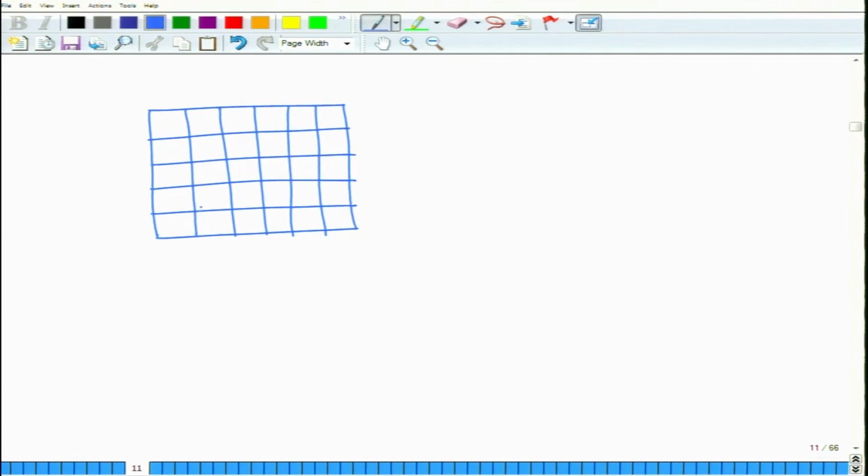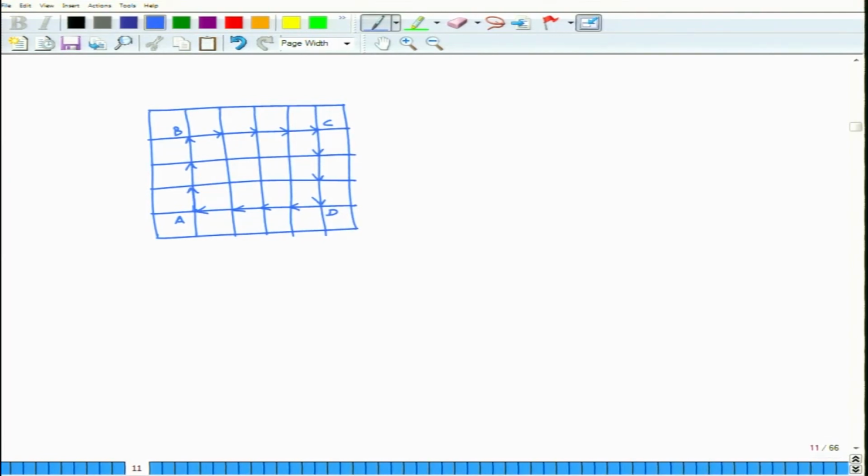Let us say you start from this point, point A. Go one step up, another step, then one step here, one step here, one step here, one step here. This is A, B, C, 3 steps down, D, and then 4 steps left, you go to A again.